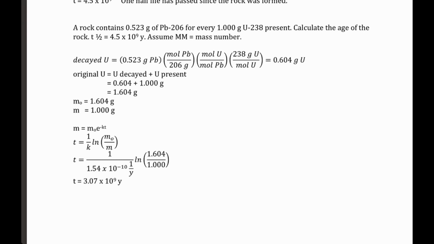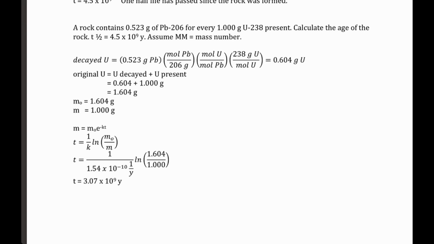So M naught is 1.604 grams, M is 1.000 grams, because in our mass as a function of time equation, we are looking at the radioactive decay of the parent, the uranium.